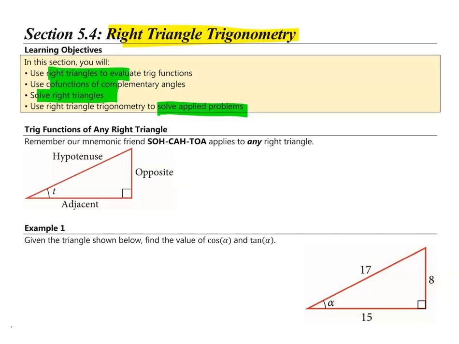Let's start with the trig functions of any right triangle. Remember, our mnemonic friend SOHCAHTOA applies to any right triangle. So let's recall SOHCAHTOA. We have an angle T here. Sine T is opposite over hypotenuse.